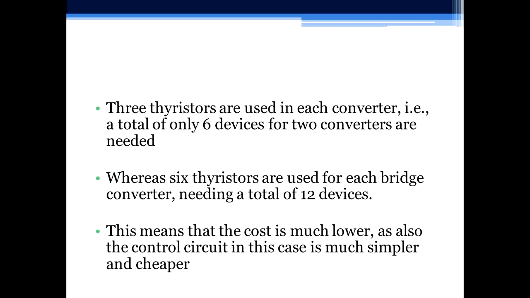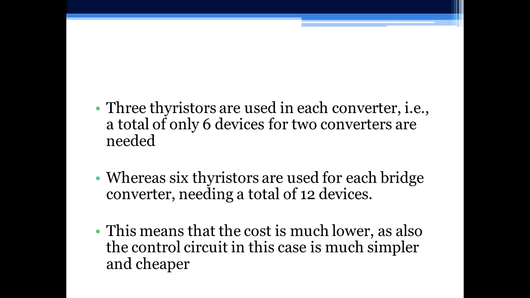Here we need only 6 devices. If we compare the number of devices required in these two half-wave control based converters with the two full bridge converters which we learned earlier, that took 12 devices, 6 in converter 1 and 6 in converter 2.